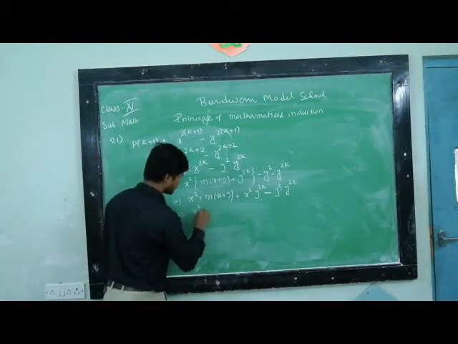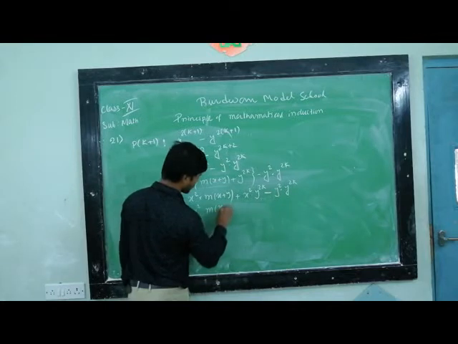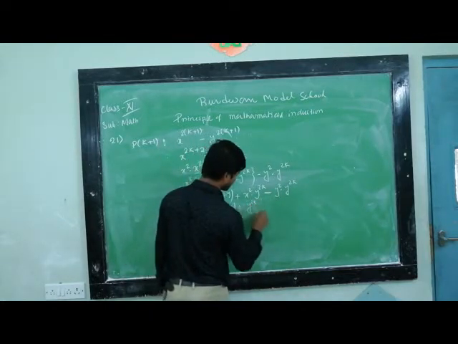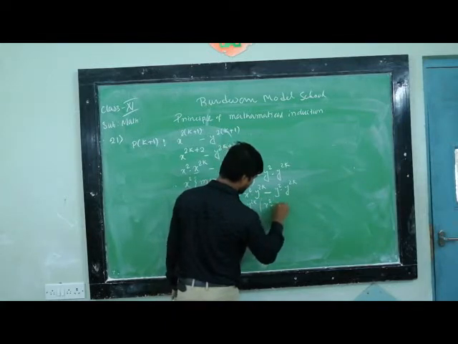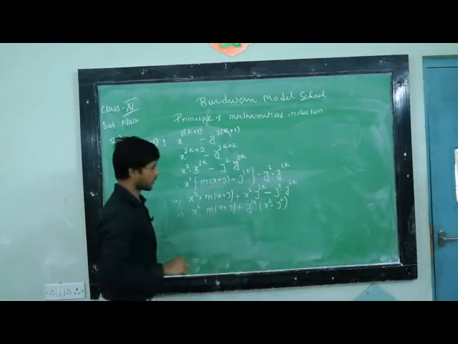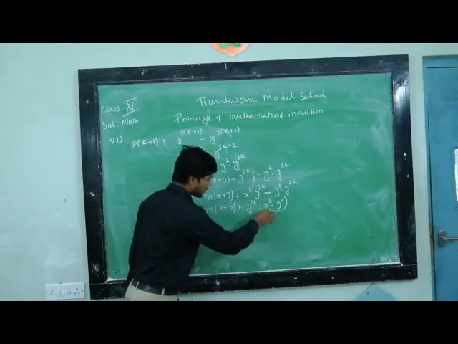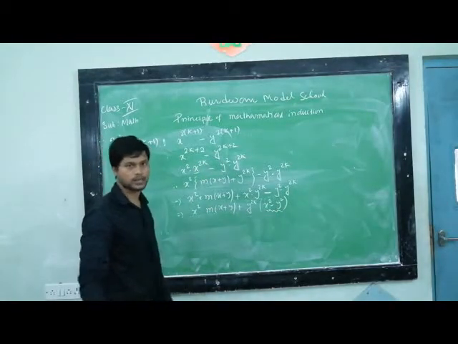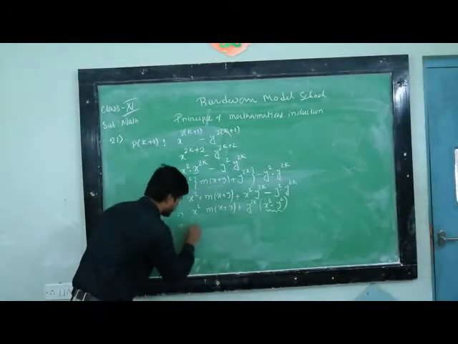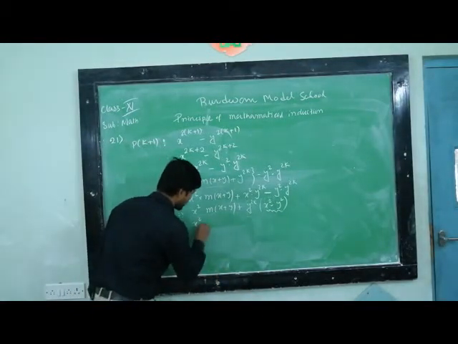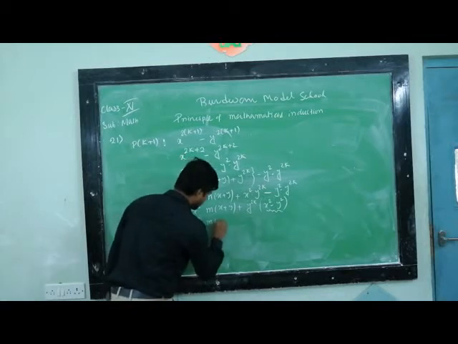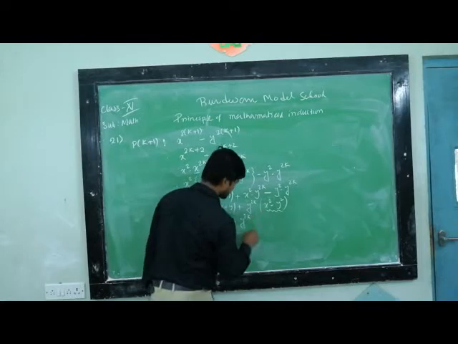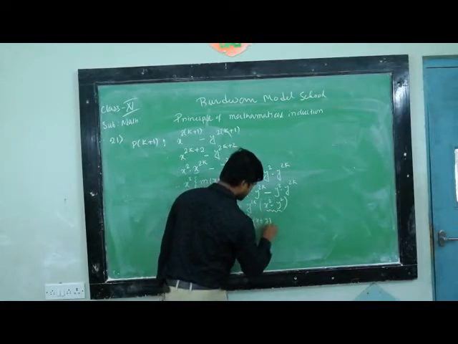So x square into m into x plus y, plus y to the power 2k into x square minus y square. And further we can expand x square minus y square using the formula x plus y into x minus y, which implies x square into m into x plus y plus y to the power 2k into x plus y into x minus y.